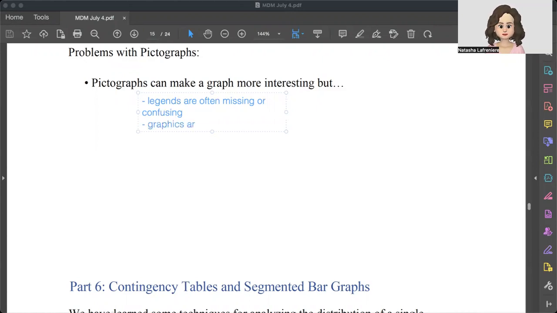Graphics are sometimes distorted or confusing. Relative frequencies are sometimes hard to determine. So again, how would you represent 11 apples?